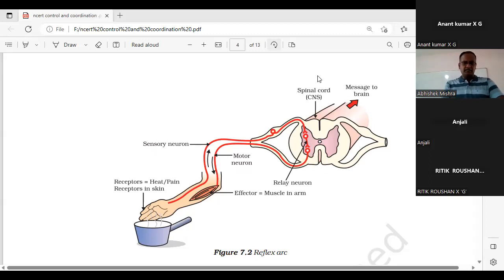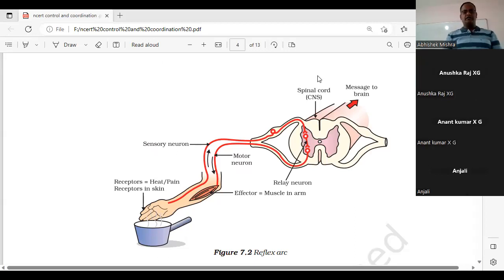Now, before going into the diagram and the discussion of the human brain, Arya, what do you mean by reflex action? The quick involuntary action taken towards a particular stimuli is called reflex action. Very good, excellent. And the pathway of the reflex action is called the reflex arc.